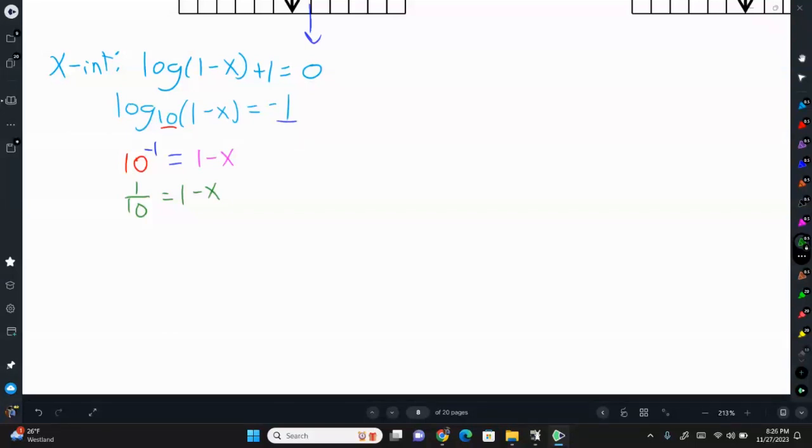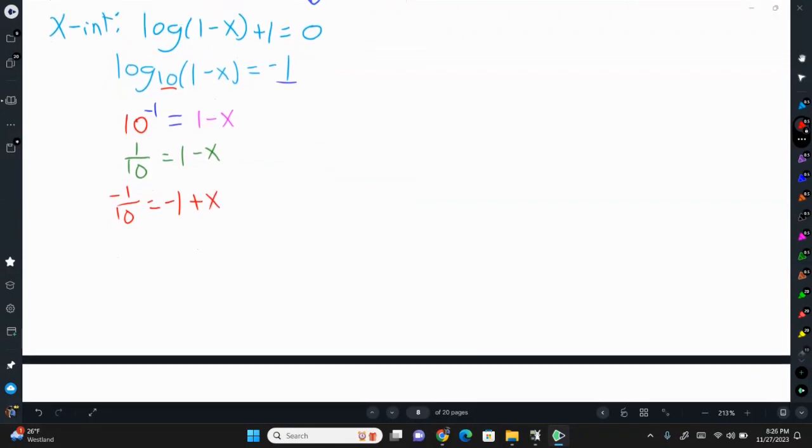So in order to make that x positive, I'm going to multiply everything by negative 1. So negative 1/10 equals negative 1 plus x, and then add 1 to both sides. When we add 1 to both sides, we get negative 1 over 10 plus 1, which I'm going to write as 10 over 10, equals x. So then we get 9 over 10 is equal to x, which makes our intercept 9 over 10, comma, 0.